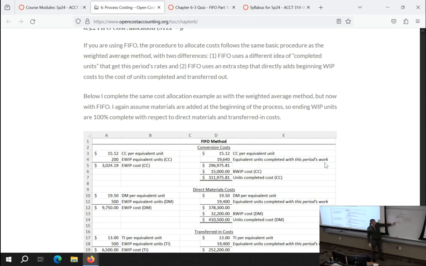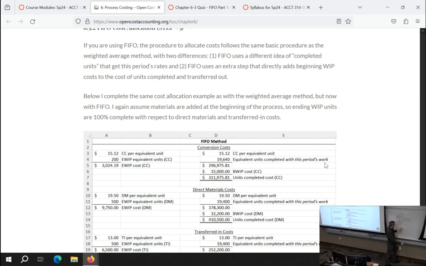Take your rate, multiply it by ending WIP equivalent units, and that's the dollar amount in ending WIP. Sorry, tripping on my words today for some reason. That's exactly what we did under weighted average. The only difference was in steps 1 and 2, getting the rates in the first place. But once you got the rates, you just multiply those rates by the ending WIP equivalent units. So the same process. Don't overcomplicate it. That process stays the same. Great. Transfer that knowledge 100% over.